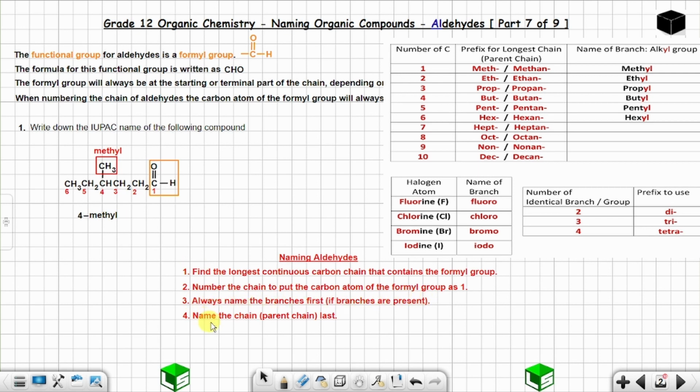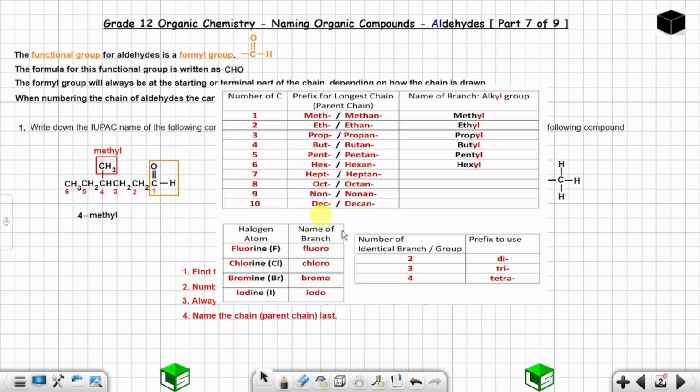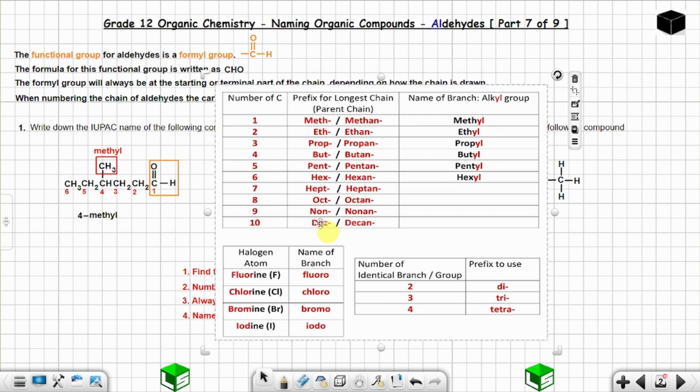Now you are going to name the chain or the parent chain. The parent chain is made up of 6 carbon atoms. You are going to use the prefix hexane. When the parent chain is made up of 6 carbon atoms, you are going to use the prefix hexane.